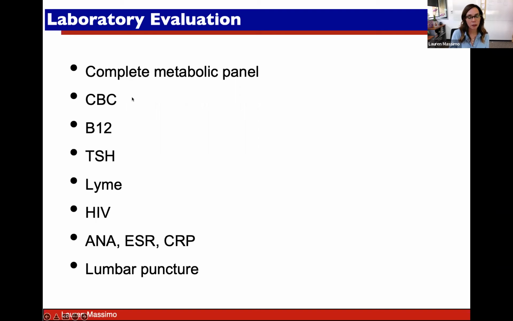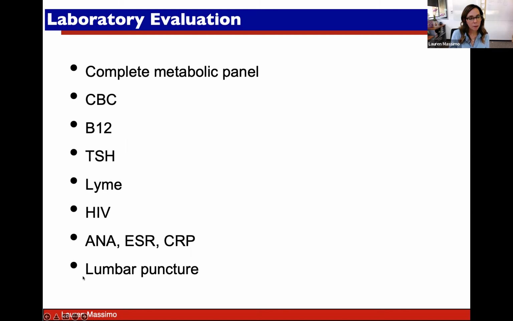So some common laboratory tests that we'll order: complete metabolic panel, CBC, B12 level, TSH, Lyme, HIV testing, ANA, ESR, and CRP, right? These are for autoimmune and inflammatory conditions.